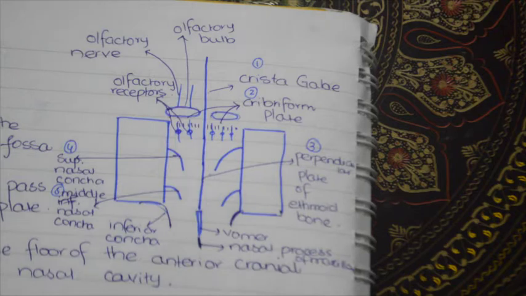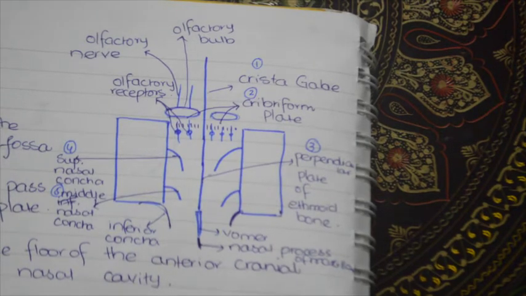Now a communication is formed between the exterior and the brain, which can cause meningitis. That is, infections may go through it and cause meningitis.